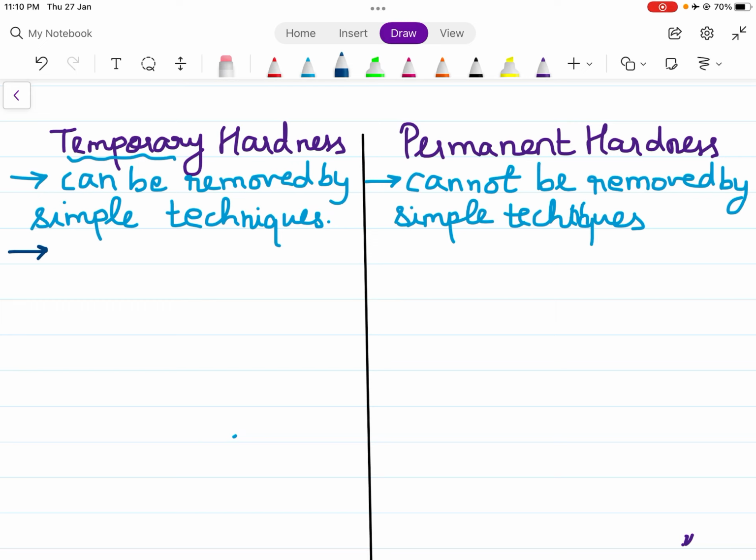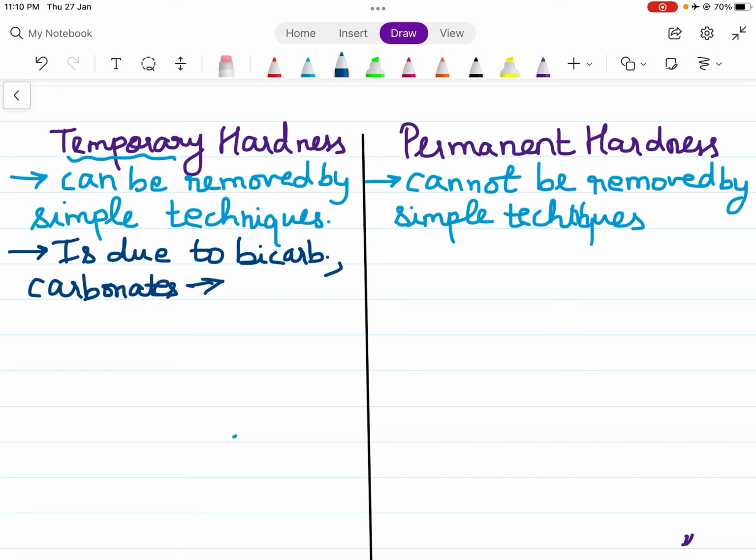The second point says temporary hardness is due to bicarbonates and carbonates. So we say that this is a carbonate hardness because bicarbonates and carbonates are causing this hardness.